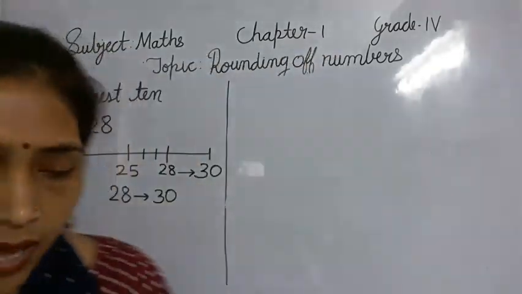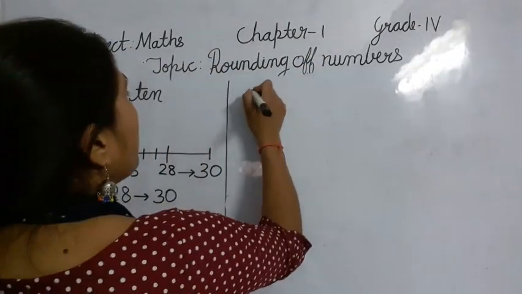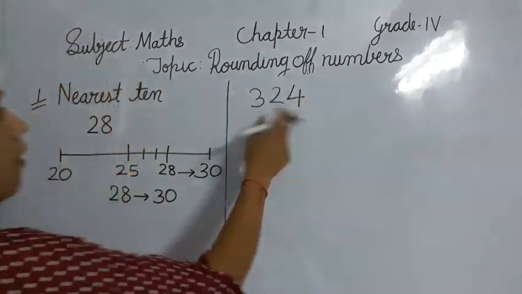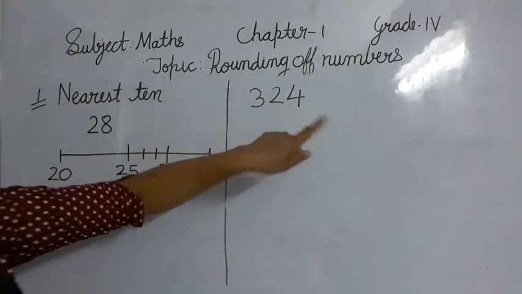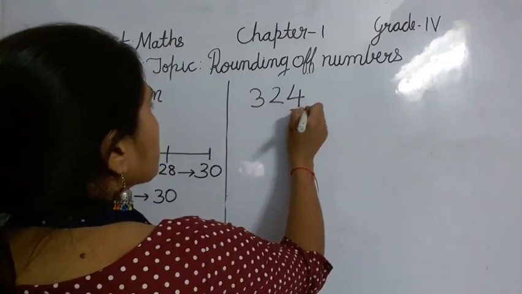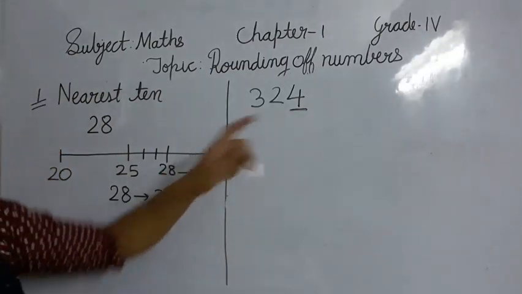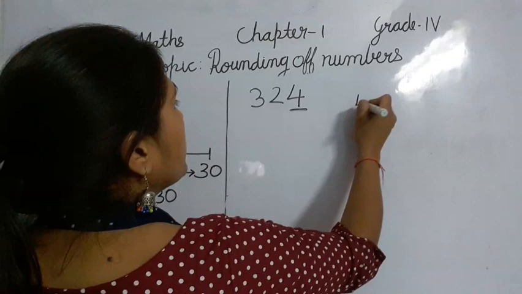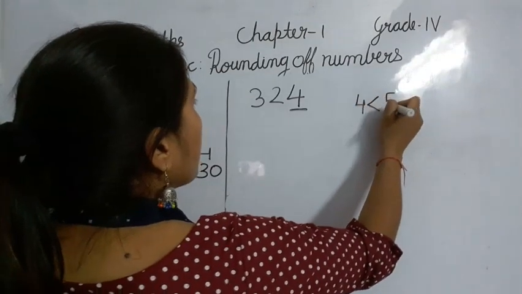Let's see one example here: 324. We have to round off this number to the nearest 10. I told you we have to check the ones place and compare this digit with 5. So 4 is less than 5.